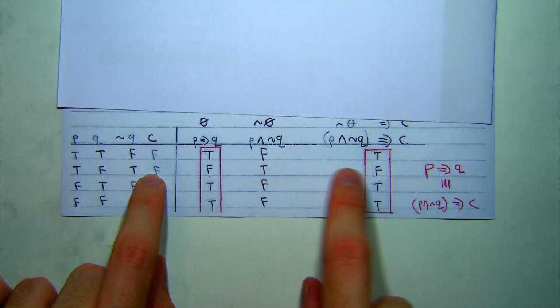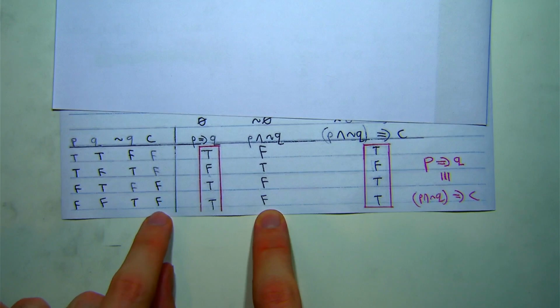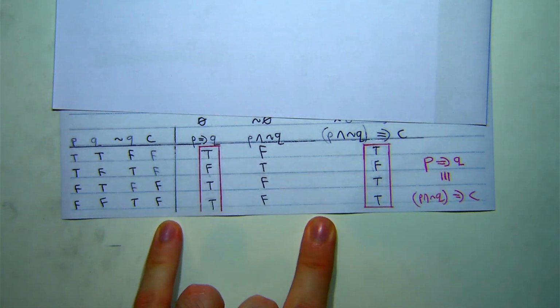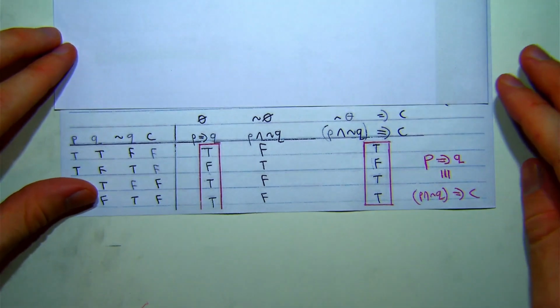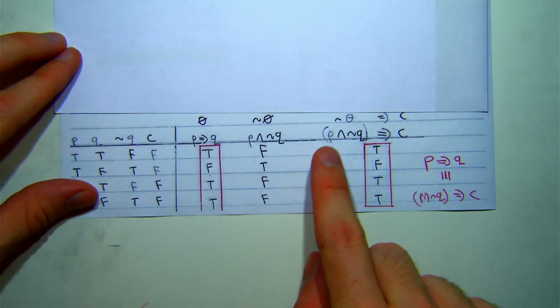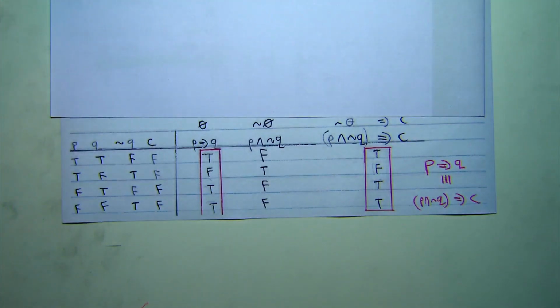True and then false gives you false here. False and then false gives you true there. False and false gives you true there. And then you can see that this is logically equivalent to P implies Q. So you can prove P implies Q by proving P and not Q implying C. And that is the logic mechanics going on behind the scenes when you do a proof by contradiction.